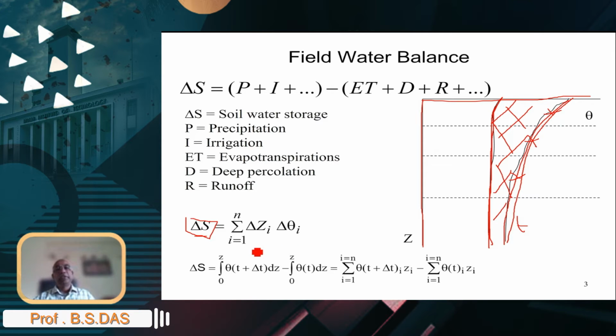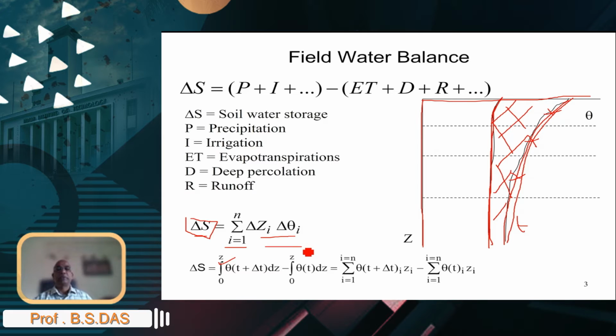You could write it in terms of equivalent depths, adding them together layer-wise, or you can think about water content as a continuous function of the soil depth. If you do that, you could replace these summation signs with integral signs. Essentially, both of them are the same.